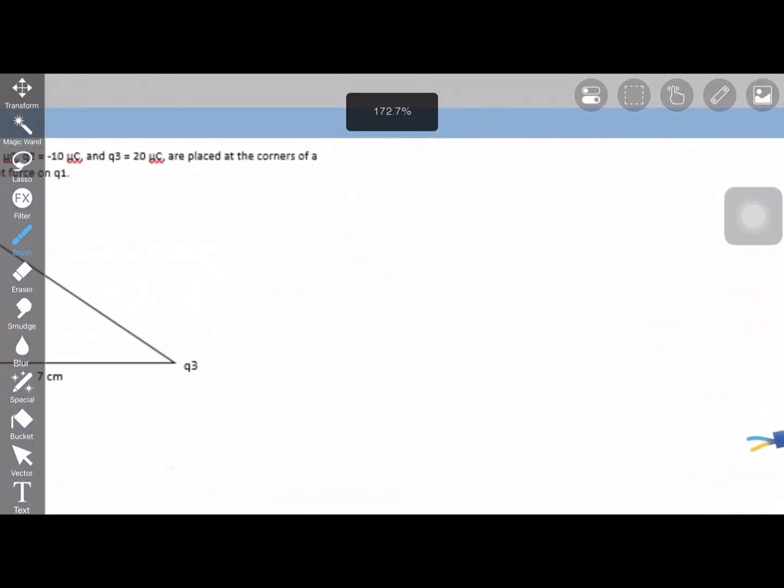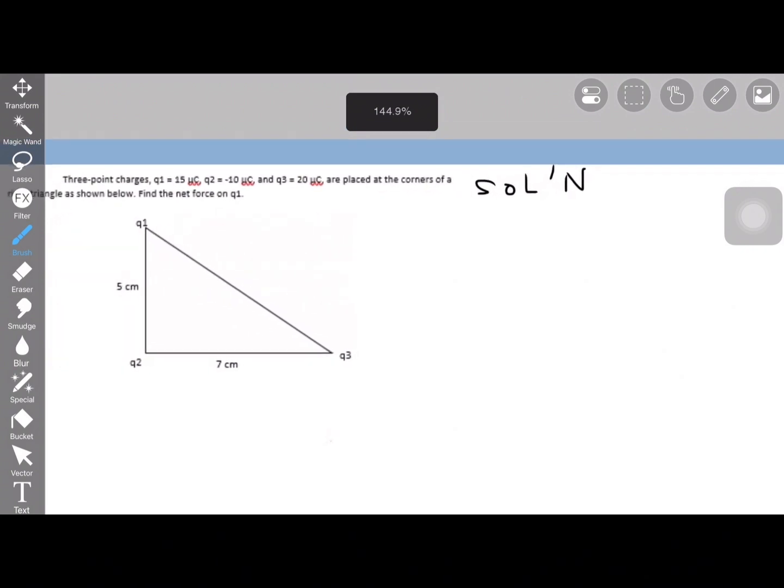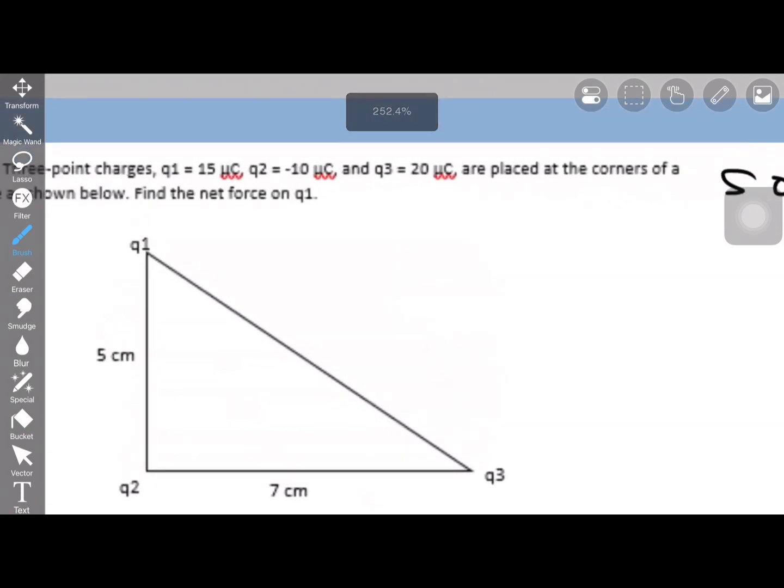Okay, so for our own solution. As you can see, we have Q1 going to Q2, which is our own R1, and Q2 going to Q3, which is our own R2. However, what we do need is the net force on Q1.